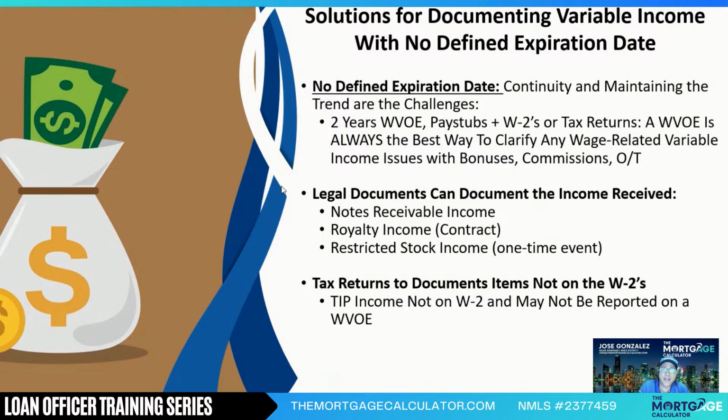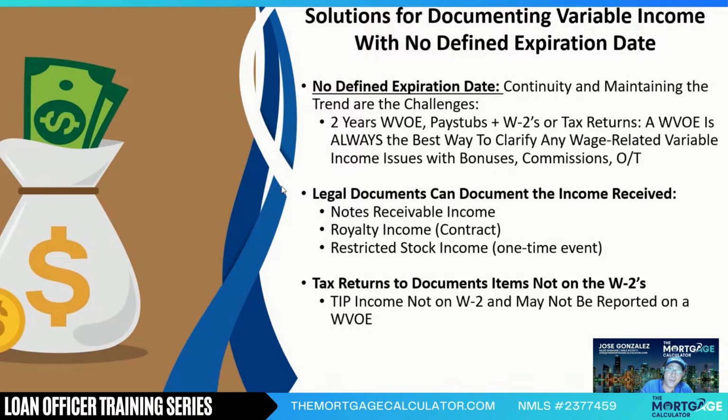So whenever we get these more difficult income scenarios like that, or a scenario where we have variable income, we should, as soon as possible, be sending out a written verification of employment to the employer, or retrieving it from The Work Number if we determine that the employer participates in The Work Number, so that you can get a breakdown in writing of the base income plus the variable income, be it commissions, overtime, bonuses, whatever it may be.